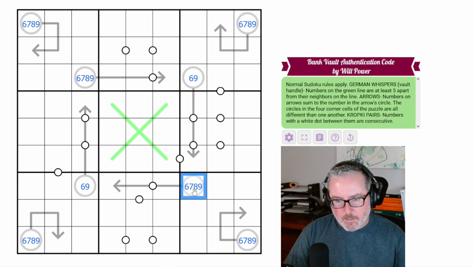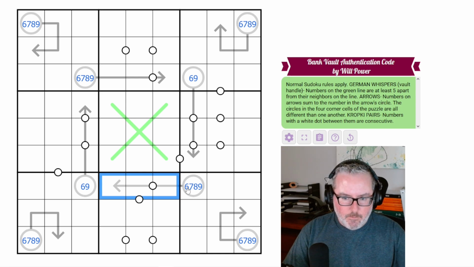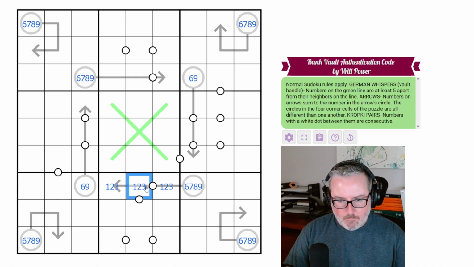So is there anything we can do to reduce options on some of these other ones? Let's think about what we have going on here. If we were to ever put a 6 on here, we said we'd have 1, 2, 3. That would force this to be a 3, this to be a 4, and these could be anything from 5, 6, 7, 8, and 9.